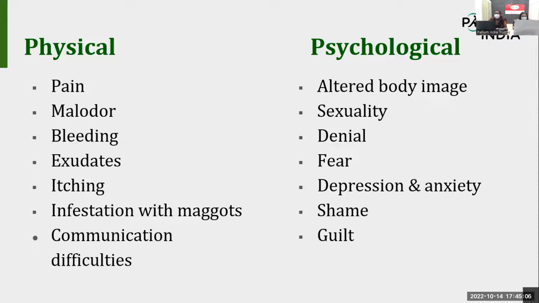Coming to the next one, exudate. There is a lot of exudate coming out because of the blood inside the wound. There is vasodilatation, because of which the tissue fluids and purulent discharge come out. Itching will be there because new nodules emerge from the sides of the tumor.